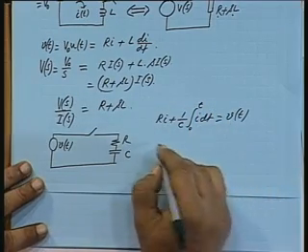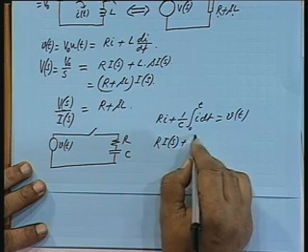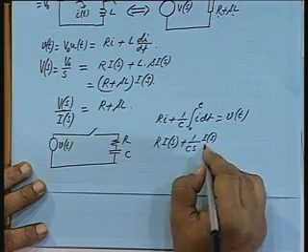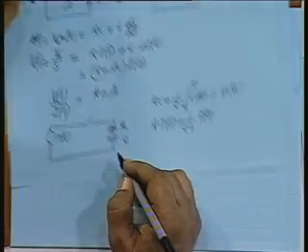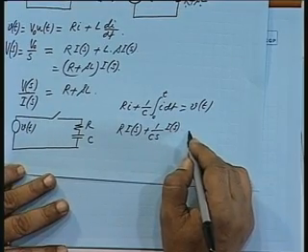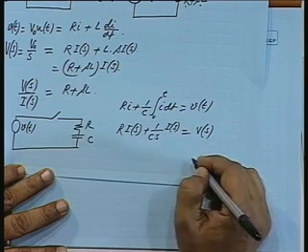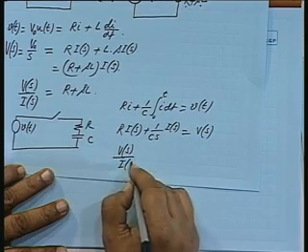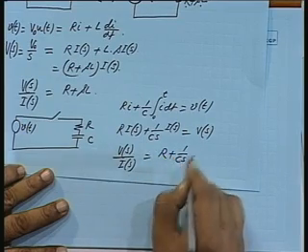If I take the Laplace transform, it will be R into I(s) plus 1 over C into s into I(s). Once again, if I assume the capacitor to be initially uncharged, then that Q naught by Cs will be 0. So, this side it will be V(s), or V(s) by I(s) will turn out to be R plus 1 by Cs.